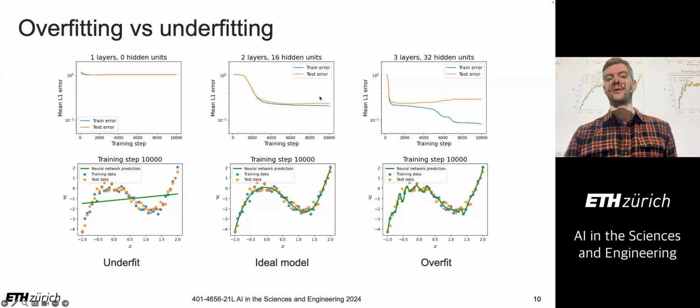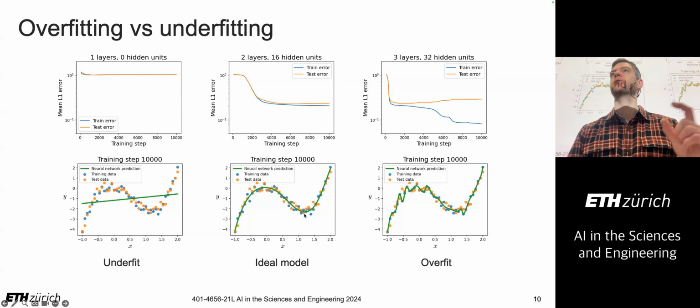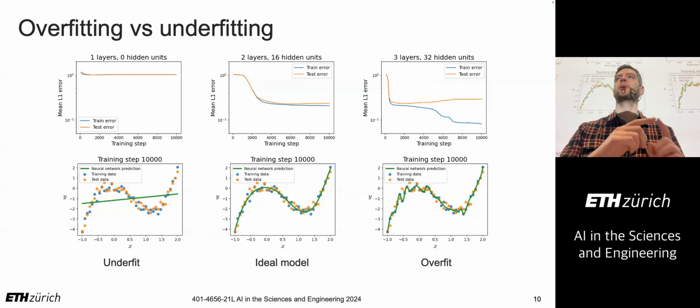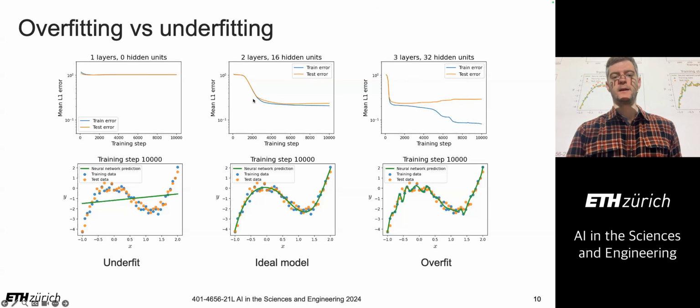Then I train a model that has 2 layers, 16 hidden units, and you can see this seems to do a really nice fit. This seems to fit the data very well. It kind of estimates the mean of the data, which I showed you before. If you use a mean squared error loss, you effectively estimate the mean of this normal distribution. And both the train error and test error are similar.